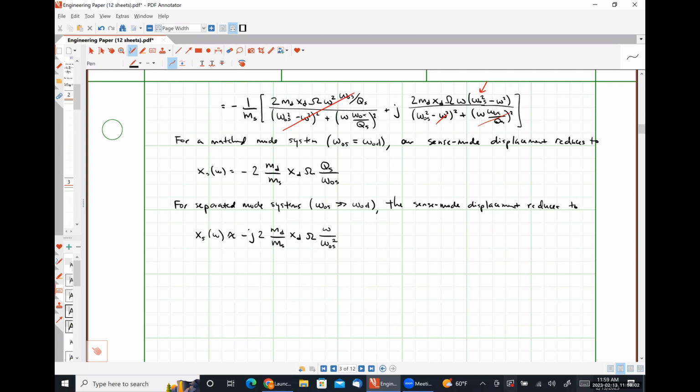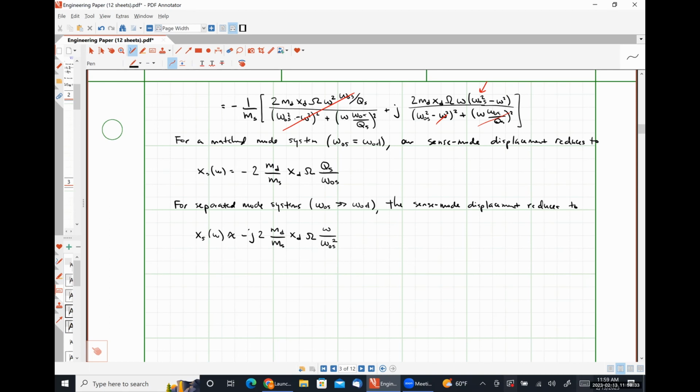Okay. So to be clear here, the omega naught S squared term in the numerator gets canceled by the omega naught S squared term in the denominator. So that's where that omega naught S squared term comes in. And so we just have the numerator 2 MD XD, capital omega times lowercase omega, divided by MS times omega naught S squared. Okay.